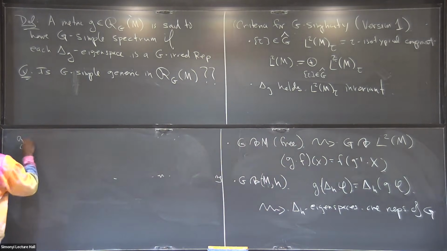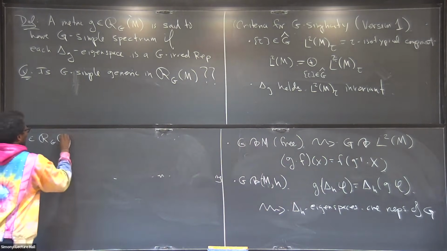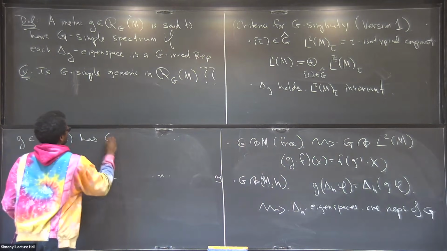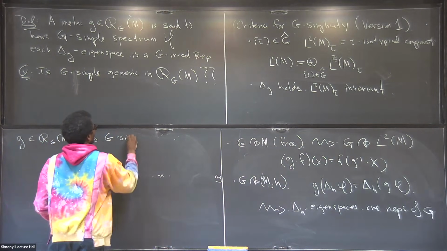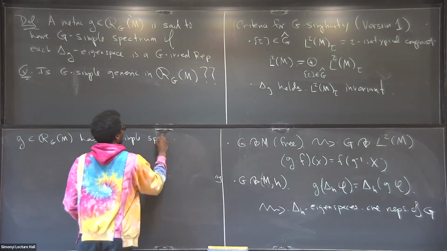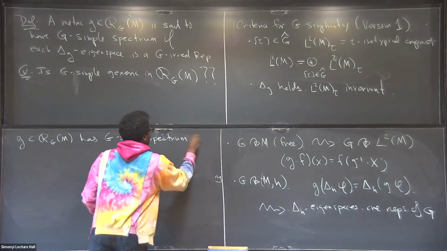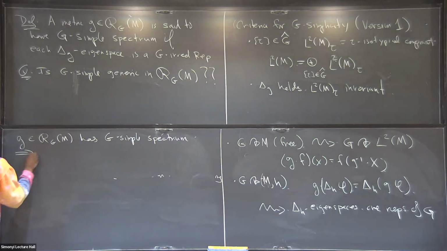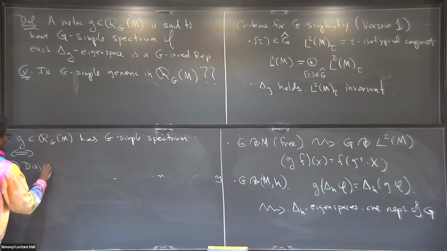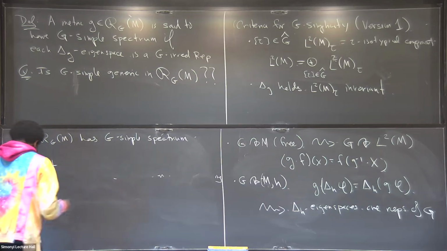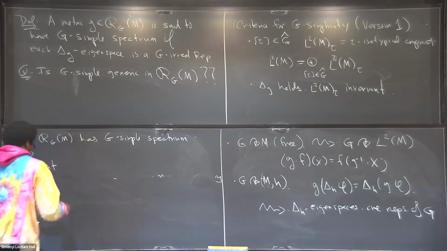A metric inside here has G simple spectrum if and only if the following things are true. Well, one, we want to have disjoint isotypical eigenvalue sets.